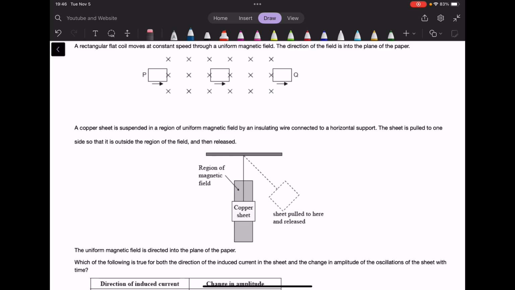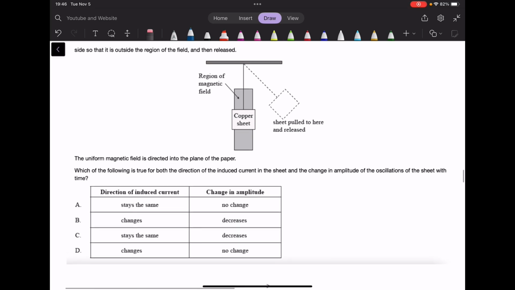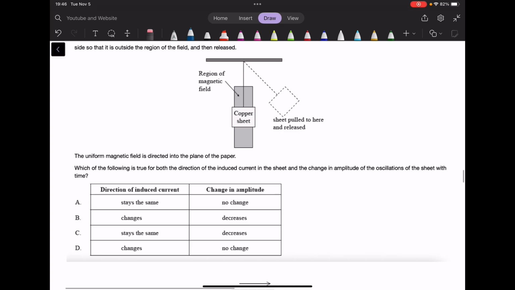The sheet is pulled to one side so that it is outside the region of the field, and then released. The uniform magnetic field is directed into the plane of the paper. Which of the following is true for both the direction of the induced current in the sheet and the change in amplitude of the oscillations of the sheet with time?